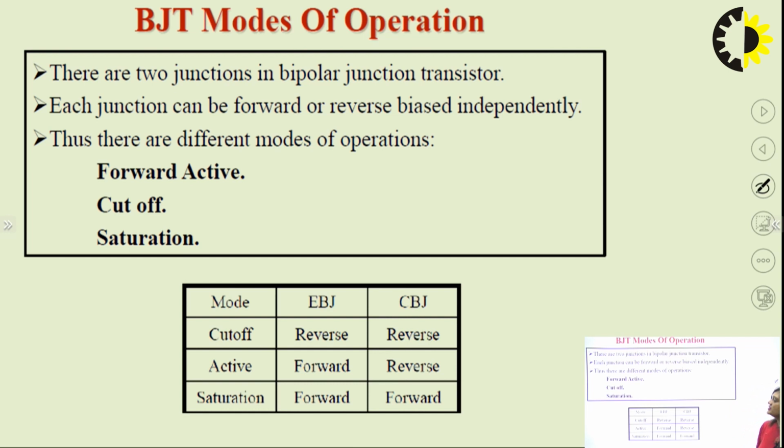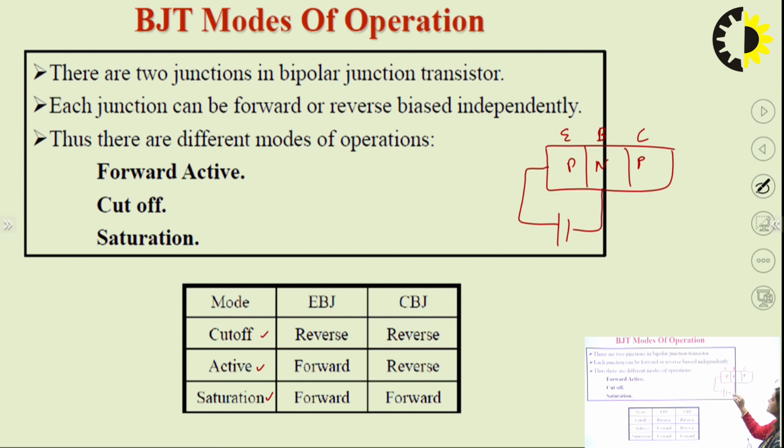So there are three operating regions of the transistor. It may be operated in cutoff mode, in active mode, or in saturation mode. We have seen this was our PNP transistor, P, N and P, and this is our emitter, this is our base, and this is our collector. So this was the mode.